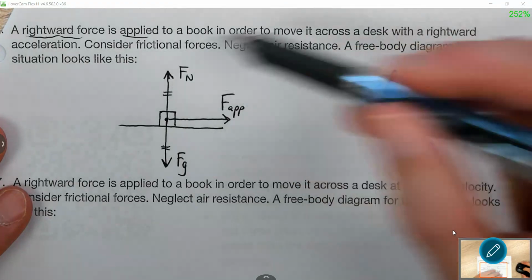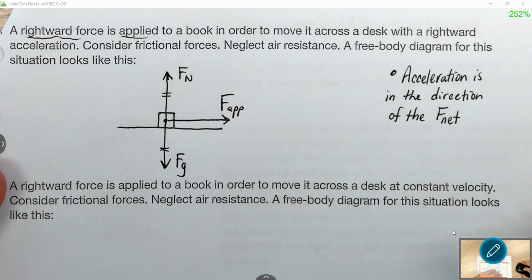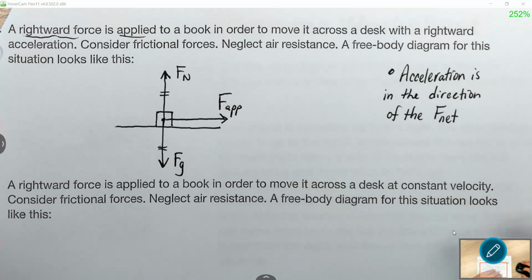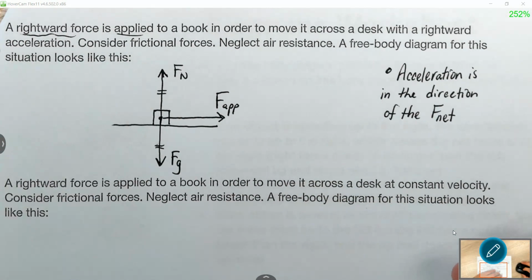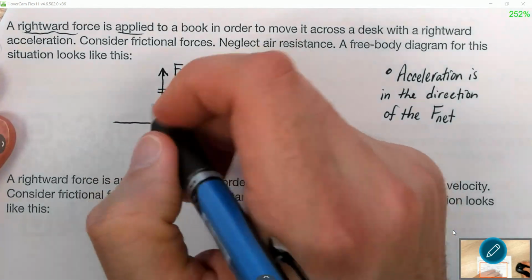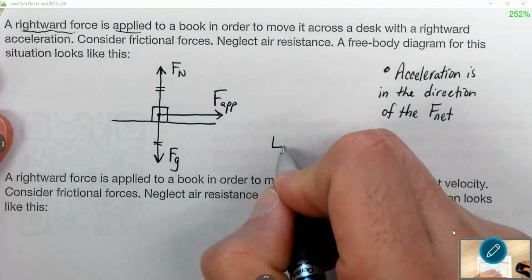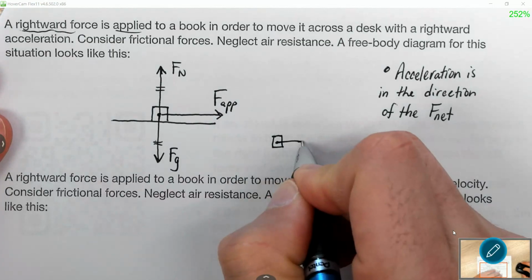Now it says to consider friction. If this is getting pushed to the right and is accelerating to the right, what force would be going against it? Friction always goes opposite to the direction of motion. Since it's accelerating to the right, we will have a net force to the right.